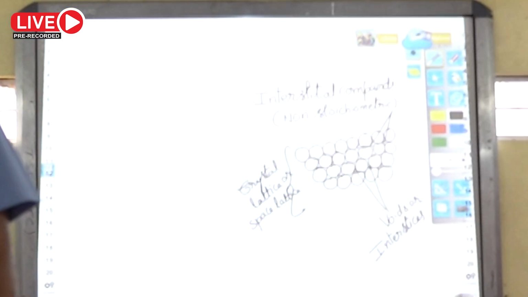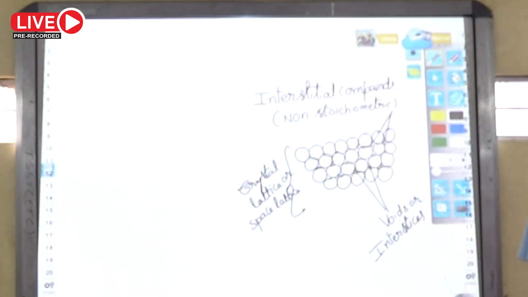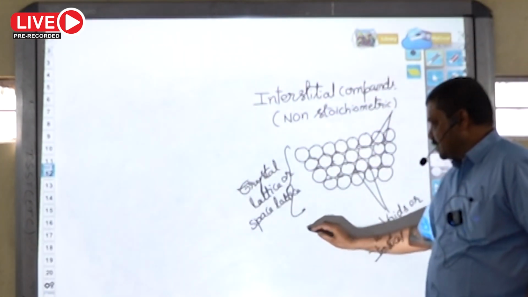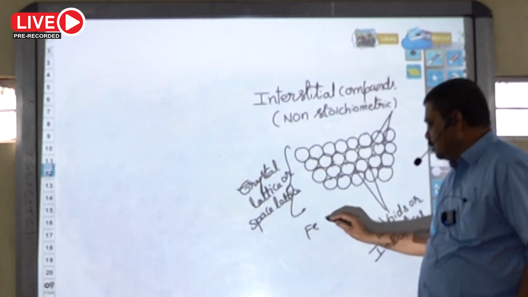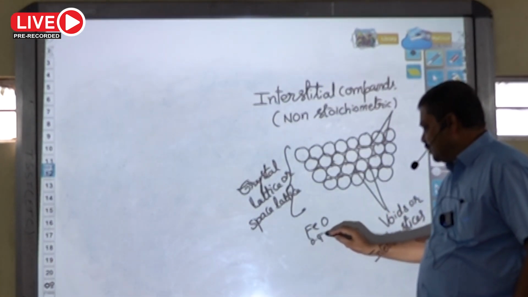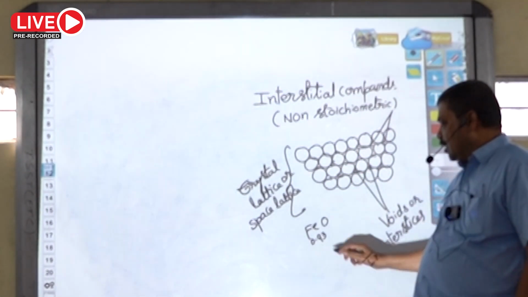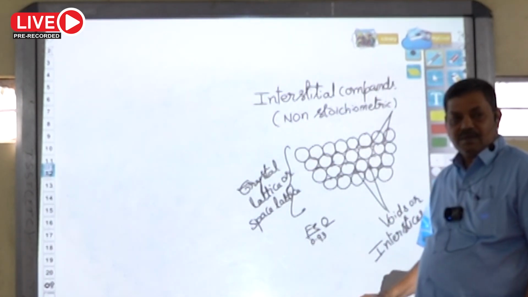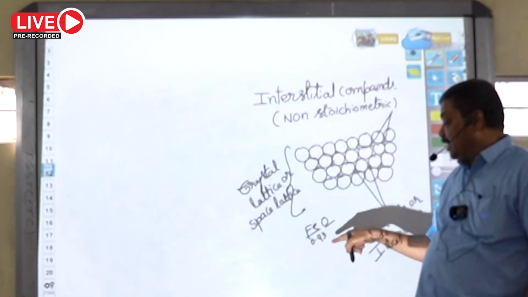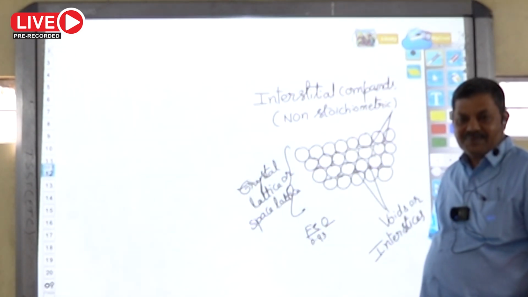Suppose FeO 0.71, they give a formula like this. Or they give the formula like this: FeO, here they give 0.93. Not one Fe, one O. Per 0.93 iron atoms, one oxygen is there.